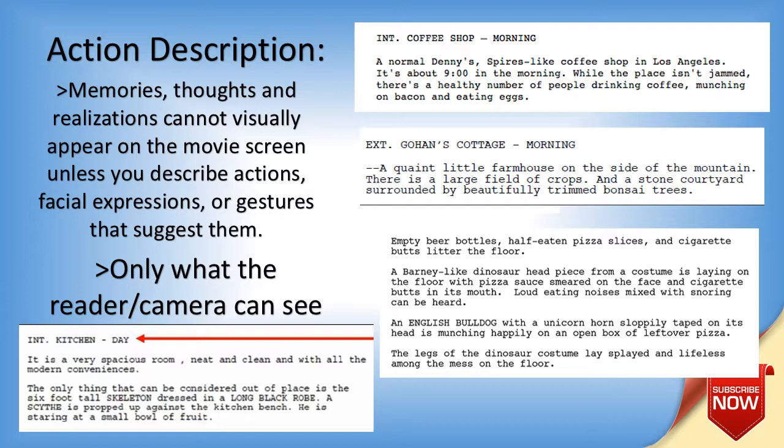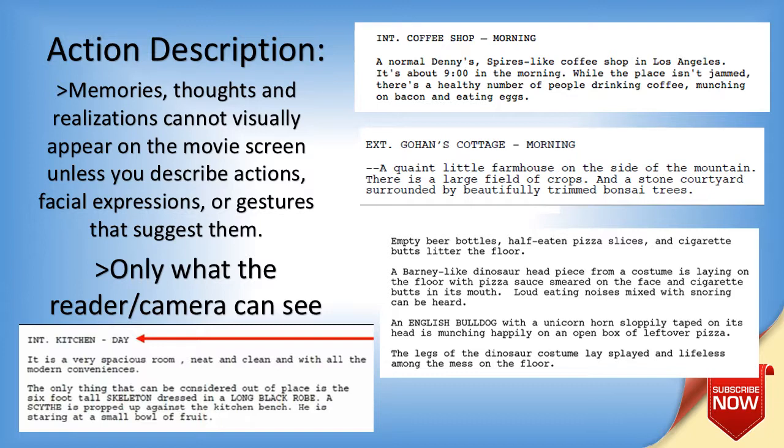So don't write, in the scene, John remembers when he was a kid. What? How can you see that? Unless you physically write flashback or memory montage. You could have a montage of him remembering playing in the backyard with his dad or whatever.